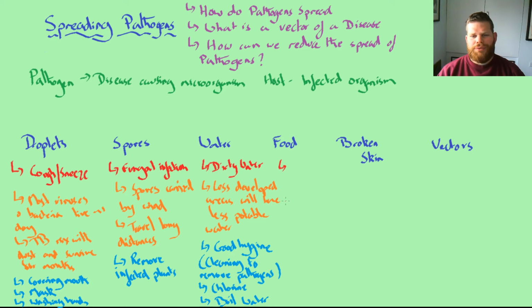Next on our list is food. Now this is a bit of a disgusting one to talk about because there's different ways in which bacteria can get onto food. Now the main thing is that we end up with pathogens on the food. Now the question is, how do those pathogens get on the food?